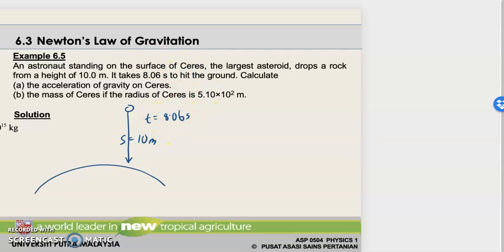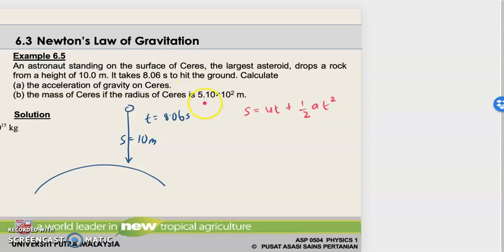And I can use my kinematic equation to solve for this. S equals UT plus 1 over 2 AT squared. Okay, so he drops the rock from rest. It does not start with a velocity. It drops from rest because he's just dropping it.